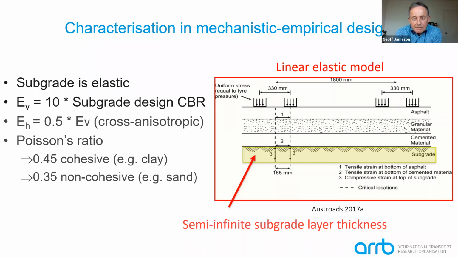But as I mentioned earlier, a more accurate means of estimating both stresses and strains is to use a non-linear finite element model that allows for the stress dependency both vertically and horizontally. And so that would provide a better means of estimating the stress levels in different parts of the pavement.